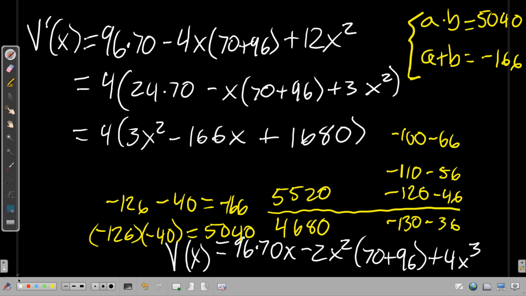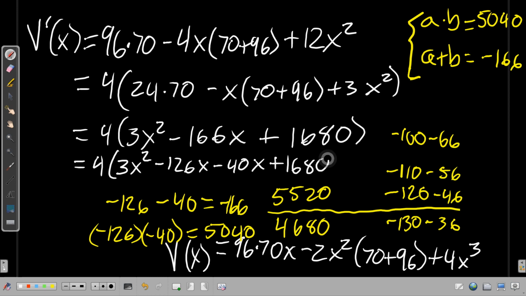Okay, great. So then what I will do is come back up to my polynomial I'm trying to factor and say that this is 3x squared minus 126x minus 40x plus 1680.